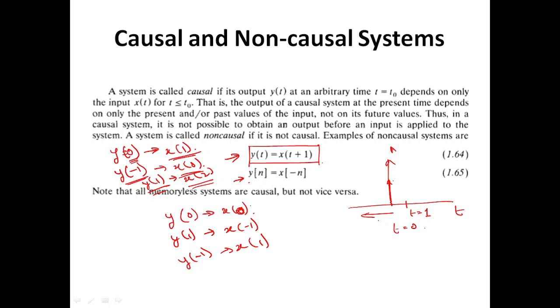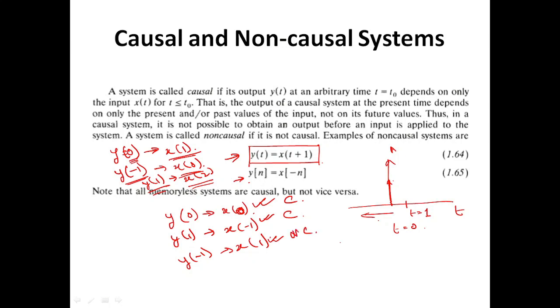In the first two cases, y at 0 is dependent on the input at the same time, so this should be a causal system. For y of 1, we are taking the input from x of -1, so again it should be a causal one. But in the last one, y of -1 is taking input from x of 1, so this is non-causal.